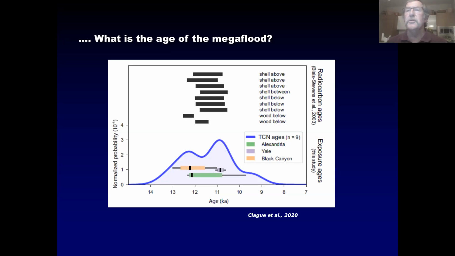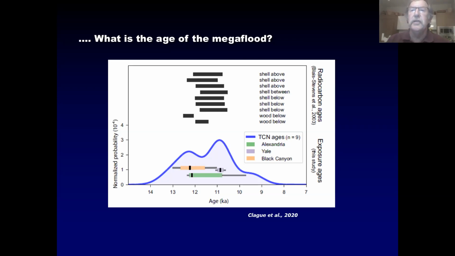And each of those horizontal bars is a radiocarbon age on one of those fossils. And you can see there's some differences among them. The widths of the bars represent the analytical uncertainties, the laboratory uncertainties that are inherent in radiocarbon dating. So we've included the 2 sigma range, the possible range on each age, as a horizontal bar.